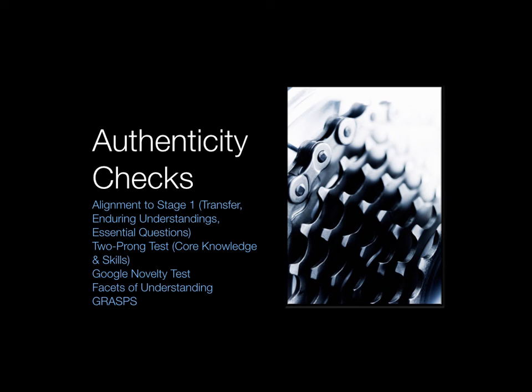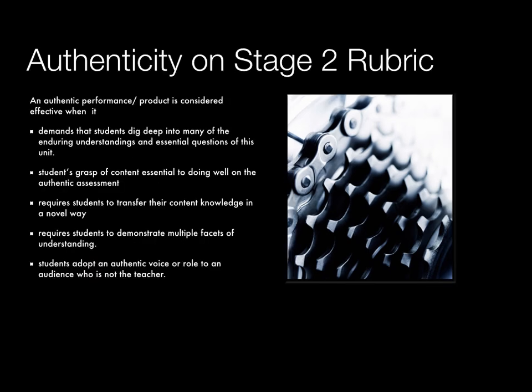The School Improvement Committee will consider how your assessment aligns to Stage 1 transfer, enduring understandings, and essential questions, if it meets the two-prong test of validity, how novel or new your performance is for students, how many facets of understanding are demanded of your students in the assessment, and how effectively your assessment follows the GRASP model of authenticity. On the rubric, you will see that successfully completing each of these checks will earn an effective score.